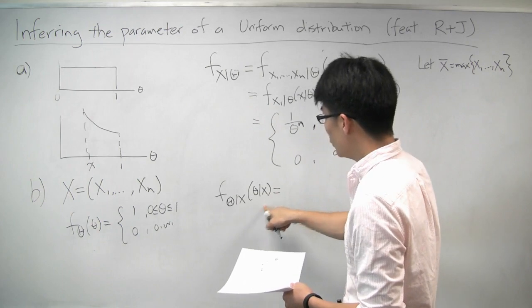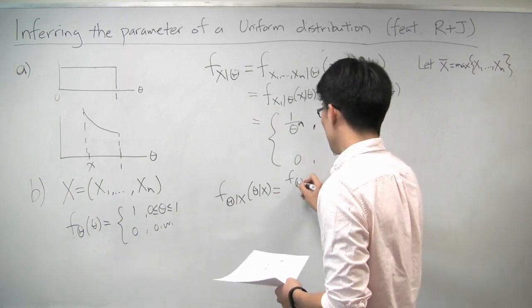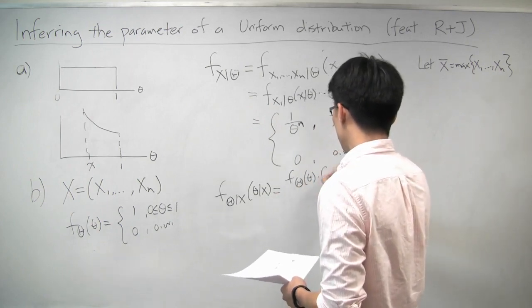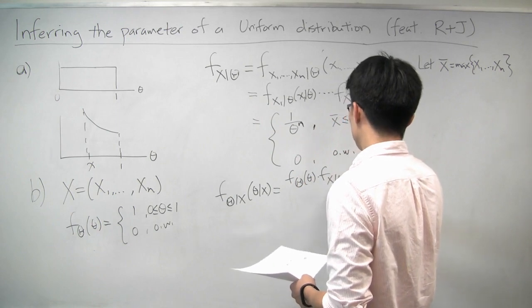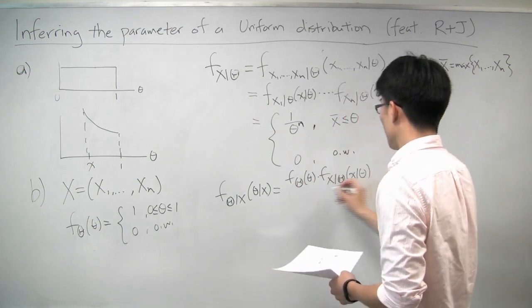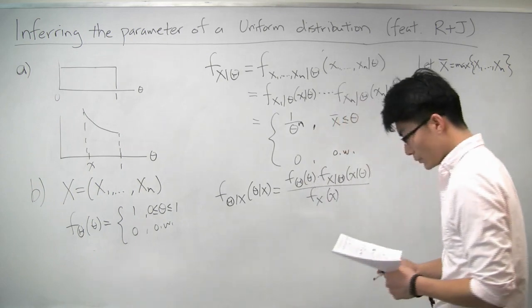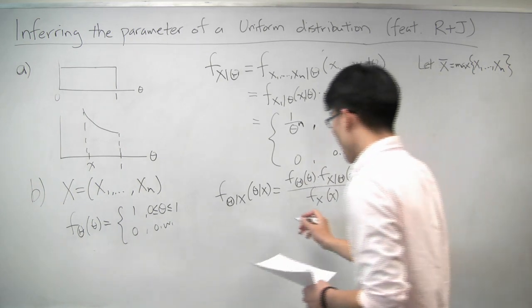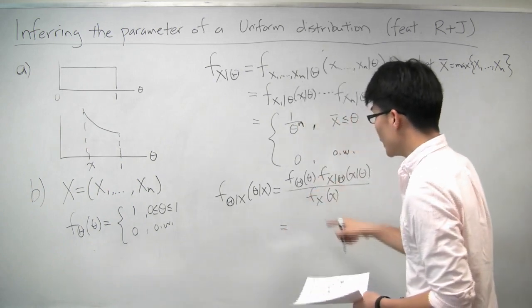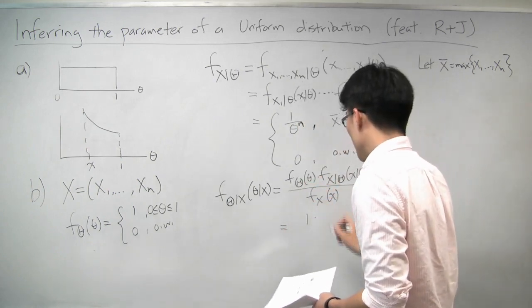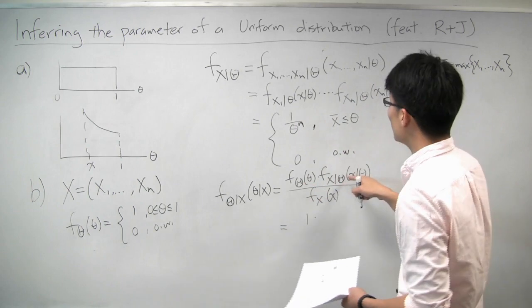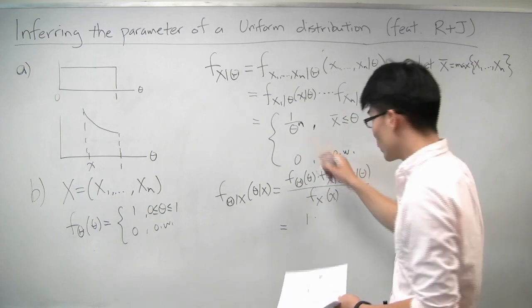So again, the numerator will be the prior times this conditional PDF, over the PDF of x. Okay. So the numerator, again, the prior is just 1. This distribution, we calculated up here. It's 1 over theta to the n.